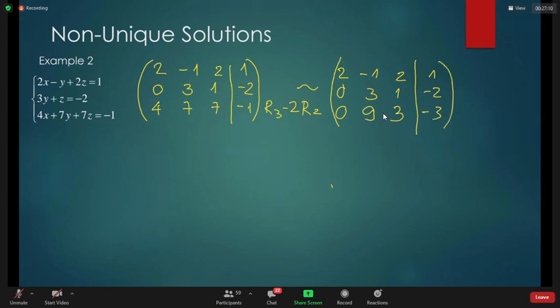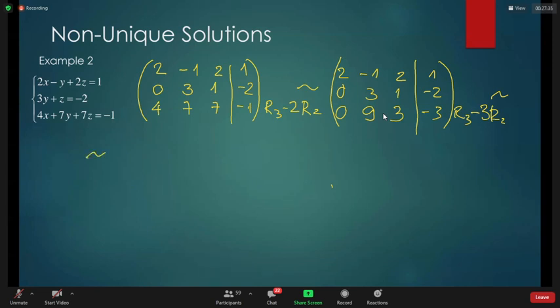Now, you can see that 3, 1, 9, 3, they can be somehow eliminated. So row 3 minus evidently 3 row 2, to get rid of 9. Again, we don't have to worry about 1, 1, 1 on the main diagonal, because we can always make it later by simply dividing the row by that number.